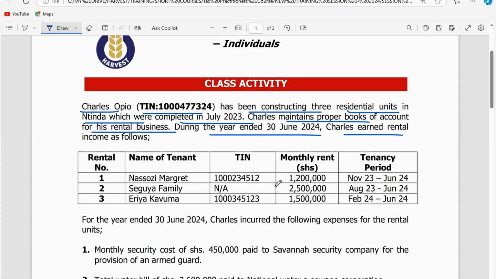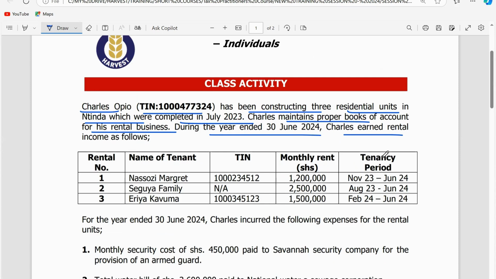These are the 3 rental units, rental unit 1, 2, and 3. The names of the tenants are here. The TIN details for the tenants are also here, for those who have and those who don't have. The monthly rent is also given here.